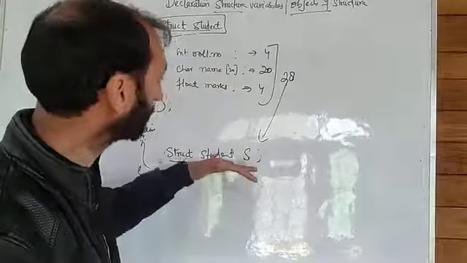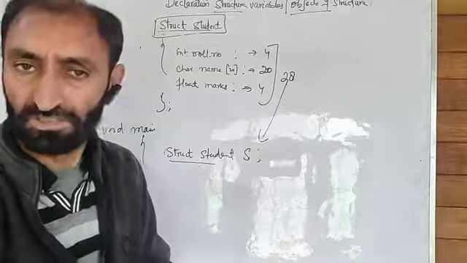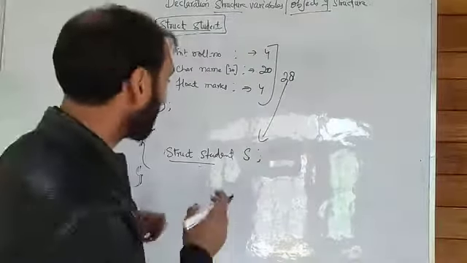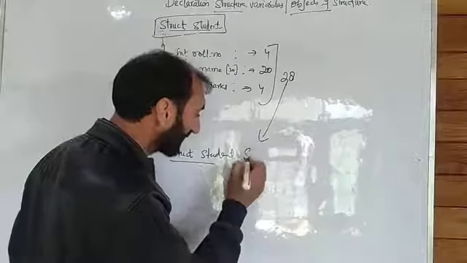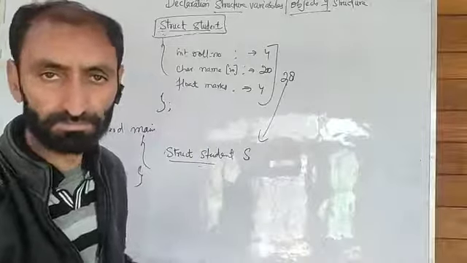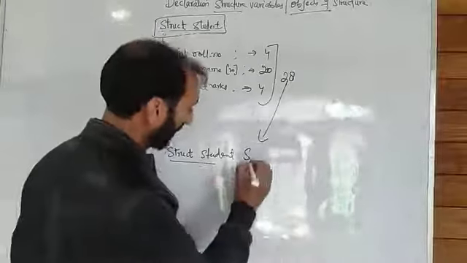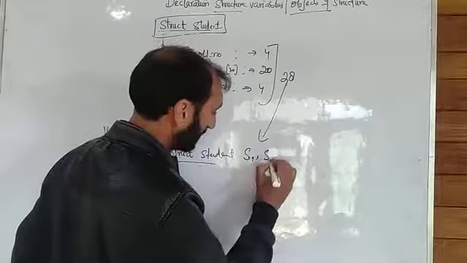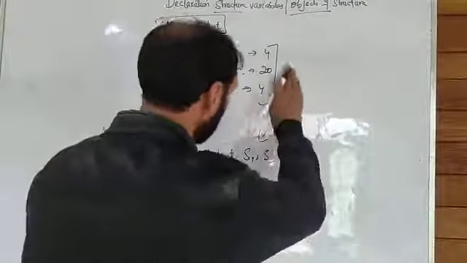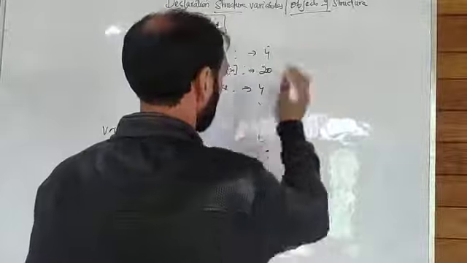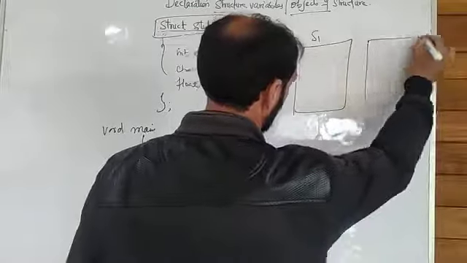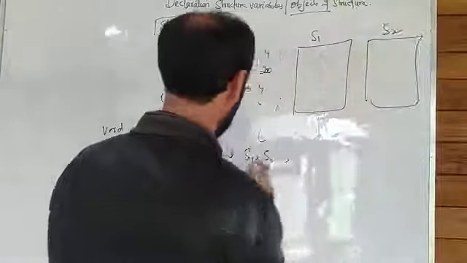This is one way of declaring an object, declaring a variable, in structures in C. For example, I can declare more than one variable at a time. There is nothing wrong in that. For example, I will write S1 as the first and S2 as the second. And accordingly, what will happen in the memory? This is the space for S1, and this is the space allocated by the memory manager for S2.